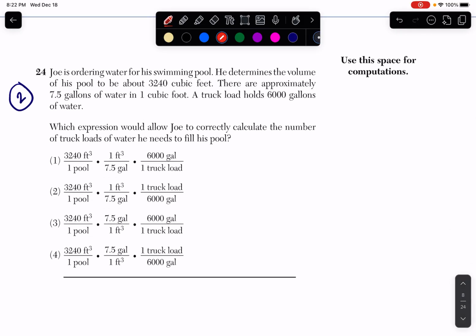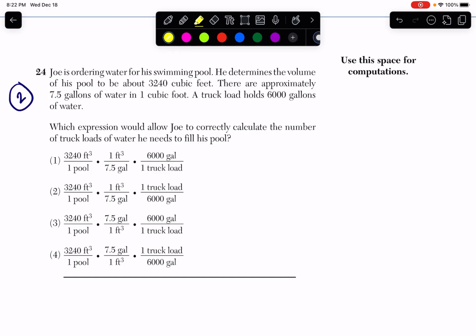And then 24, if you get a rate conversion problem, I put this as a number 2 because some middle schools teach this and some of them don't. But rate conversion problems, I'll teach you quickly right now because they're kind of straightforward. They're easier than they look. So this says Joe is ordering water for his swimming pool. He determines the volume of his pool to be blah, blah, blah.